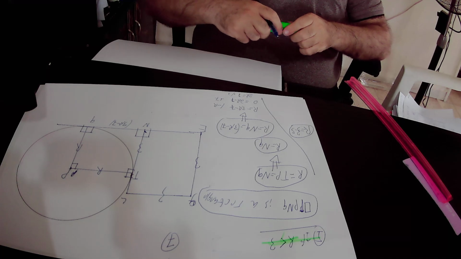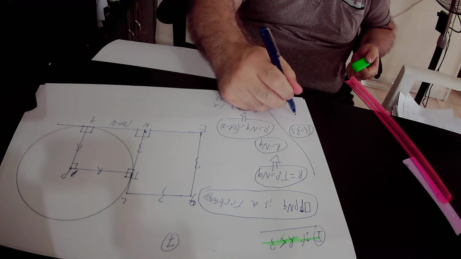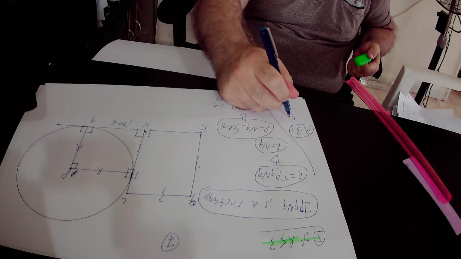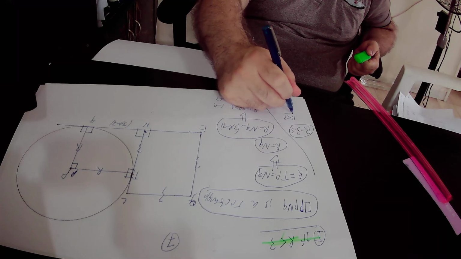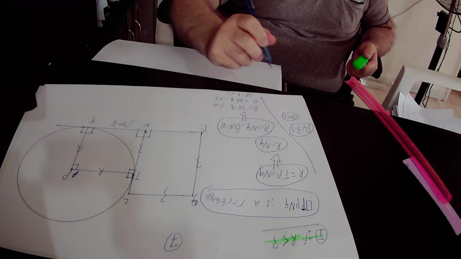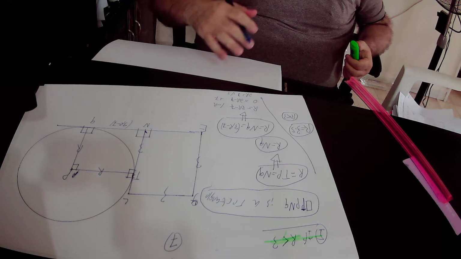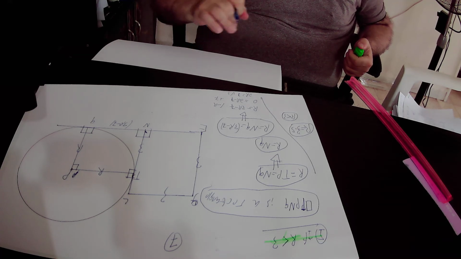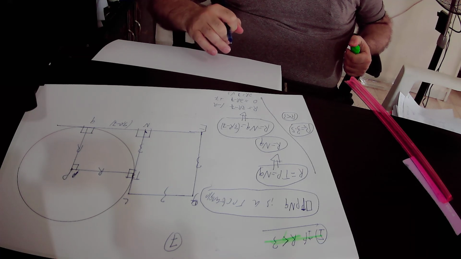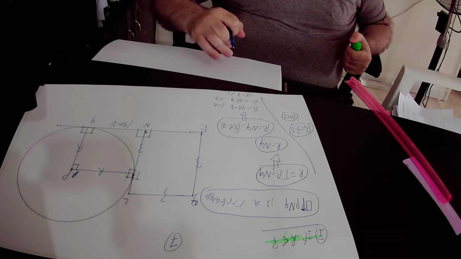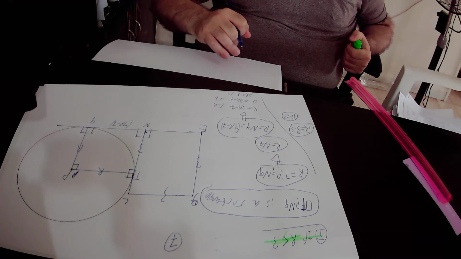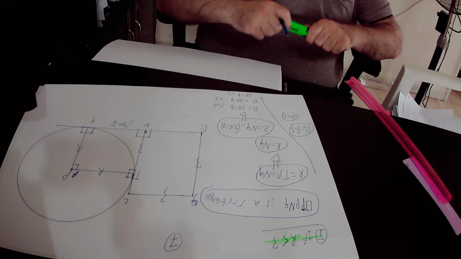R cannot be simultaneously less than 3 units and also equal to 3.5 units, so we have a contradiction here, and due to the contradiction we cancel the possibility that R is less than 3 units. So R cannot be less than 3 units. Why? Because we arrived at a contradiction.